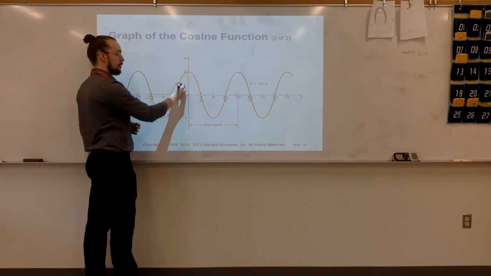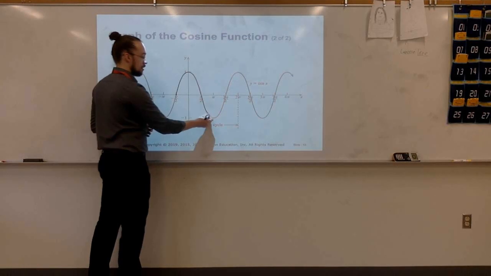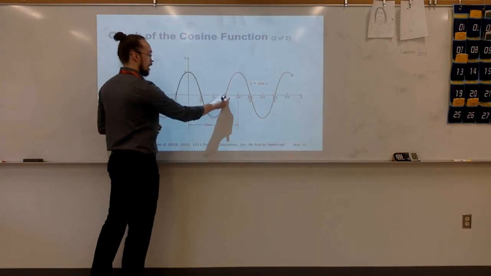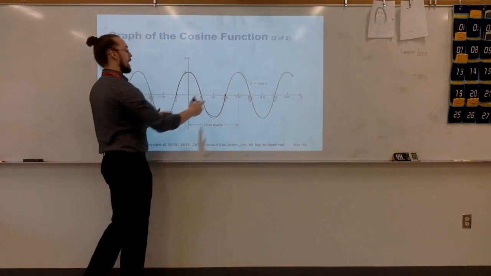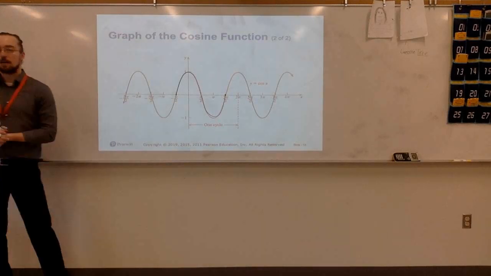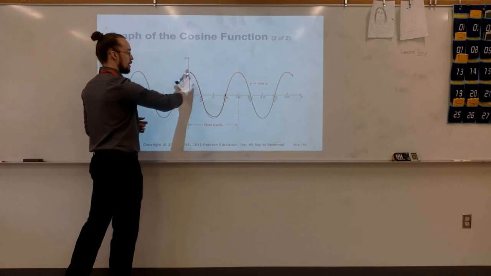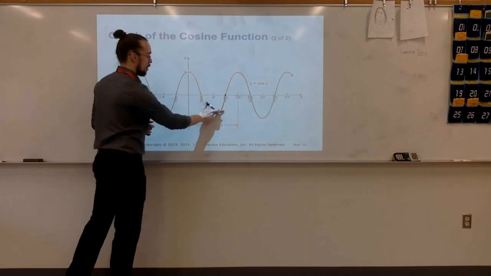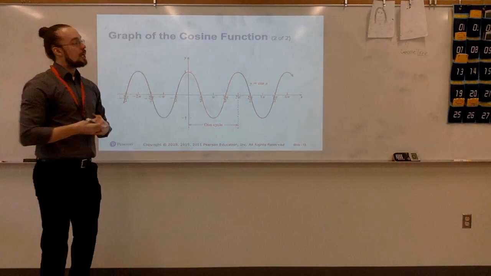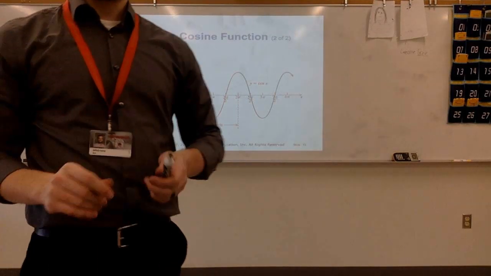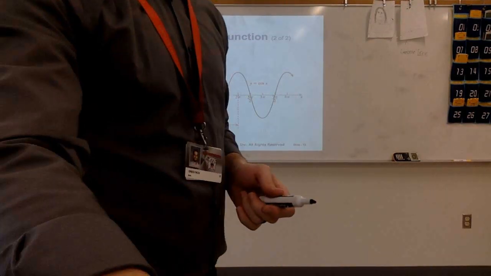If I were to start here and draw that piece of the graph, that looks exactly like one period of sine. So don't forget how closely related these graphs are. Now let's talk about all of the different shifts.